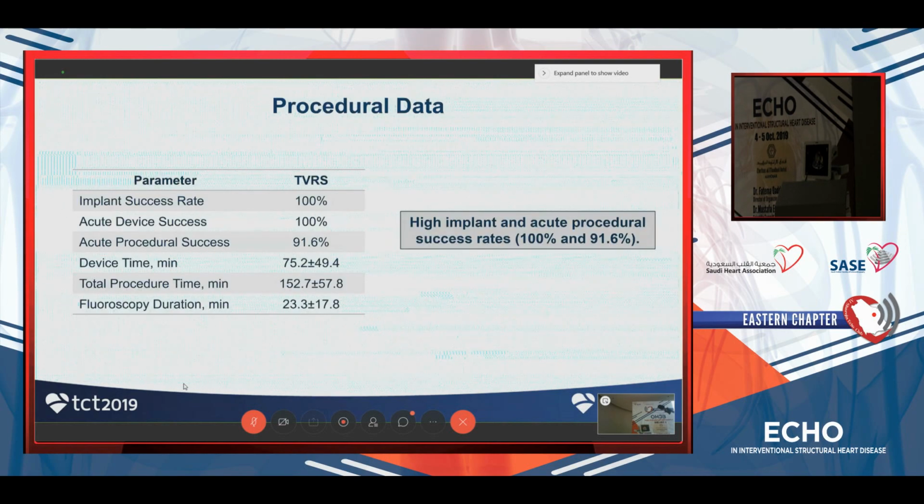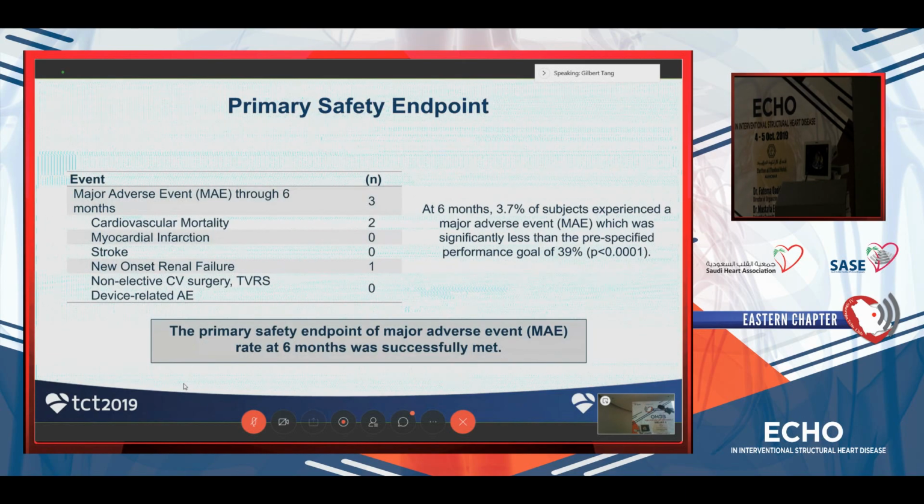Procedure time is typically around 2 to 2.5 hours. Not a lot of major adverse events, but you can see here cardiovascular, there are 2 patients, one new onset failure, versus what we expected would have been much worse.